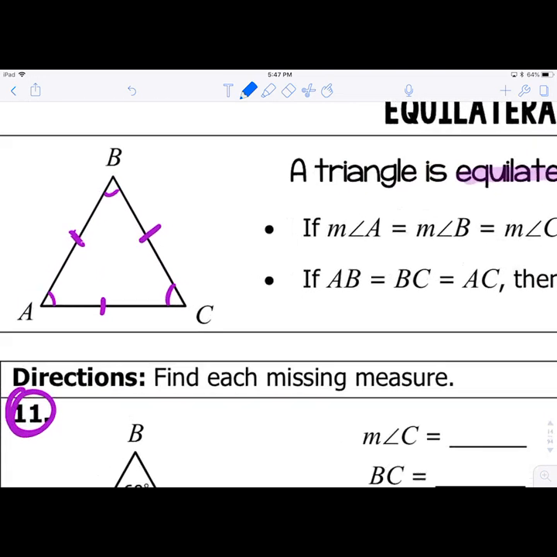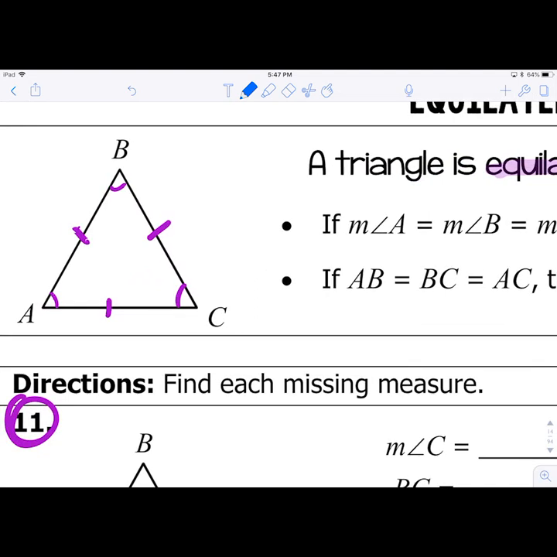And here's the thing. Equilateral triangles, if all the angles have to be the same, then it's always going to be 60 degrees. Always, always, always. Now, we don't know about the sides. The sides could be 2, it could be 1,000, it could be anything. But if a triangle is equilateral, then all of its angles are 60 degrees.